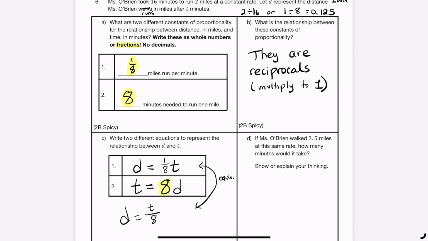They say the same thing. Doing 1/8 times t is the same thing as taking time and dividing by 8. Okay, but here we can see this constant of proportionality a little more clearly. Okay, so again, these are the same equation. Ultimately, they are equivalent to each other.